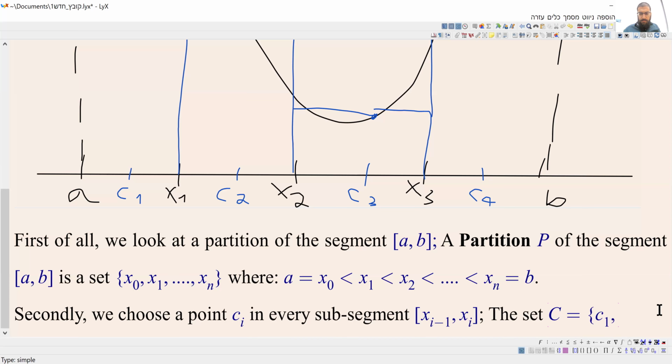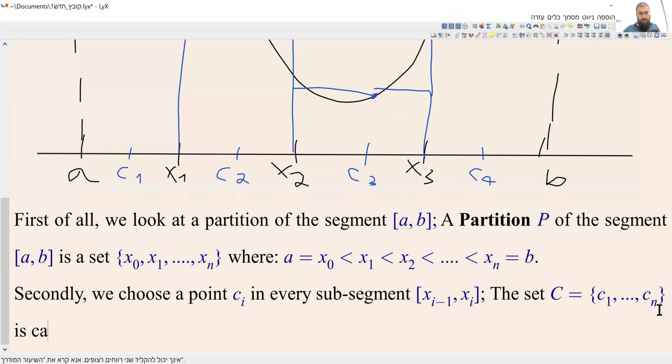The set of c1 to cn is called, I don't know, choosing. In Hebrew, I call it point choosing, בחירת נקודות. Probably the better name. First of all, we have partition, and then we have point choosing. See?